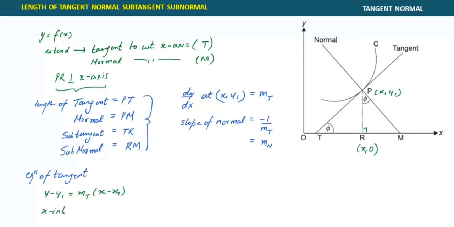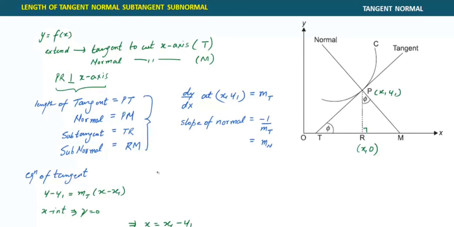So what will you do for the x-intercept? We'll put y equal to 0. If you put this, it becomes y1 by m is equal to x minus x1, which implies that x is nothing but, the coordinates of this T point will become x1 minus y1 by m.